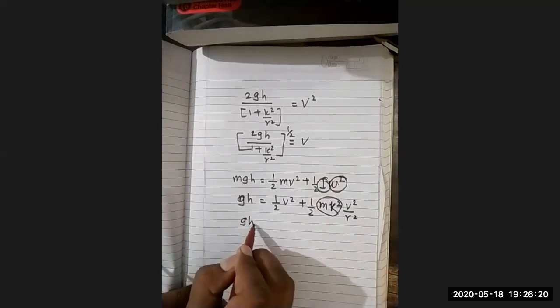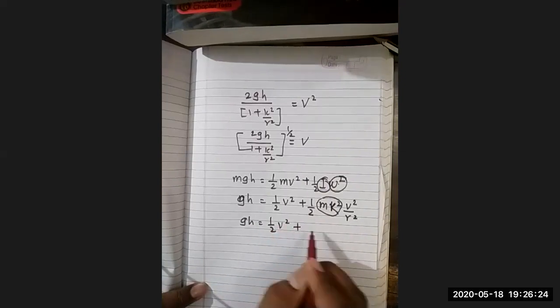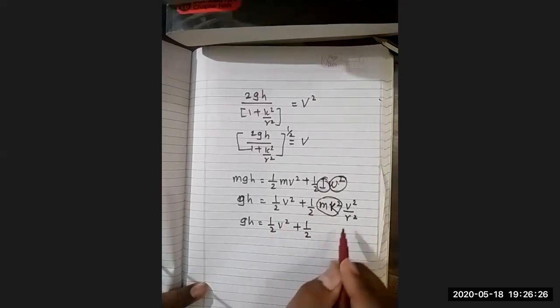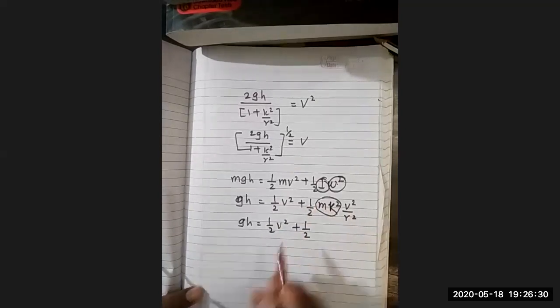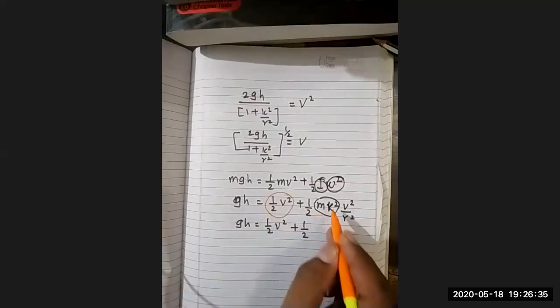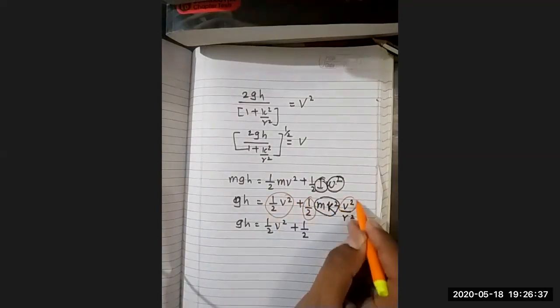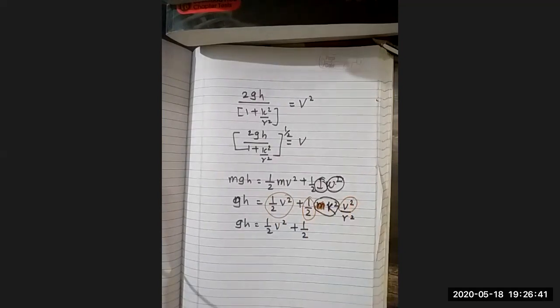So gh will be equal to 1 by 2 v square plus 1 by 2 v square, taking 1 by 2 v square common from this particular term, this m will not be there, right? So what will remain over there?